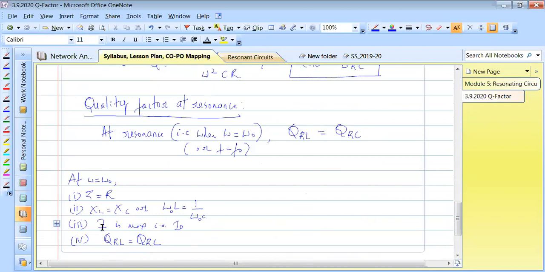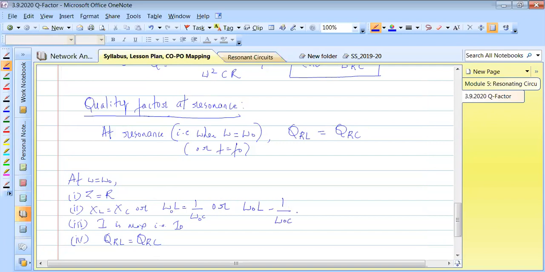This is all something that is happening in series RLC circuit at resonance. That is, impedance would be equal to the resistance of the circuit. That means that the inductive reactance and capacitive reactance are equal, or in other words, we can write this in another way. The reactance of the circuit is zero, or we can also say omega naught L minus 1 by omega naught C is equal to zero.